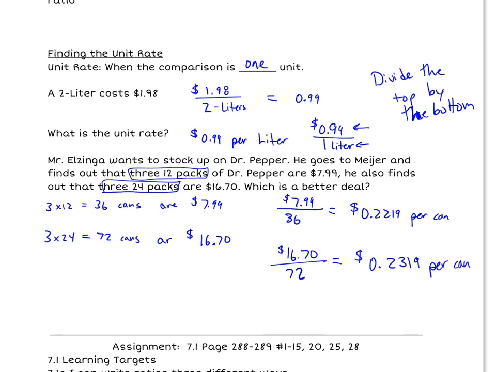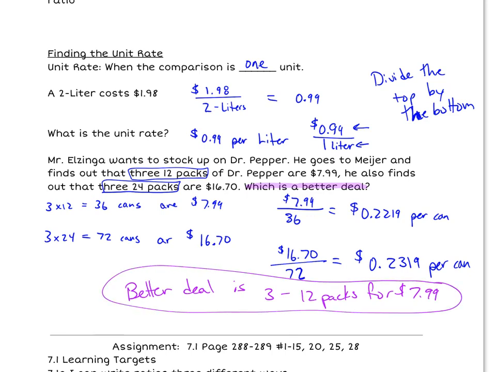So when I'm looking for the better deal here, I need to find which one is going to be cheaper per can. So the better deal is 3 12-packs for $7.99.